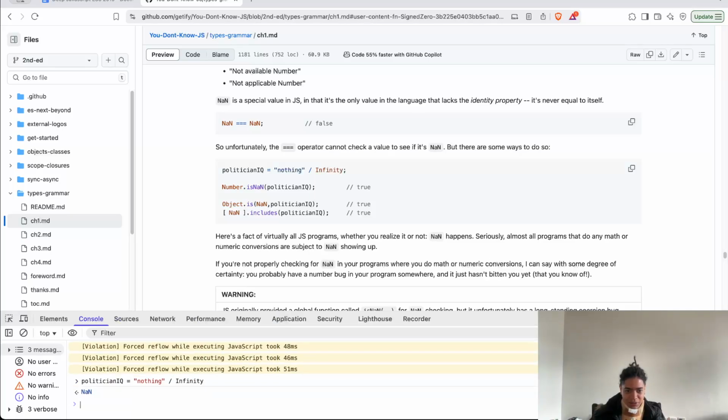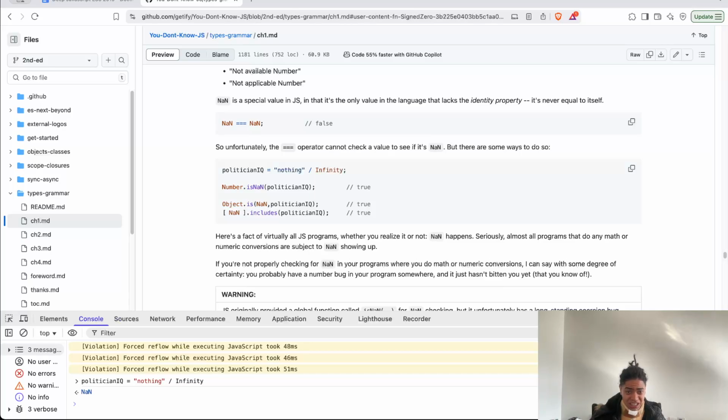Infinity, right? So you get another number. Really? So any mathematical operation that produces a non-valid number, not a valid numeric representation of a number, is going to give you that.